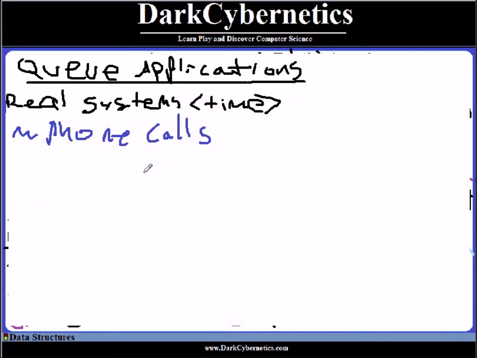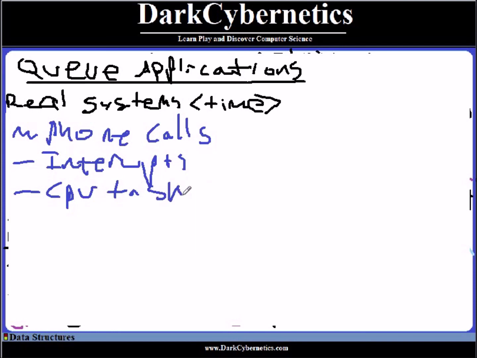There's always a stack of phone calls coming in. We can think about this the same as we do interrupts for our CPU, for a central processing unit for job requests. We handle interrupts for CPU. Write that down here. CPU tasks.